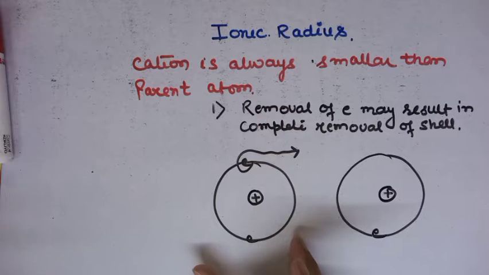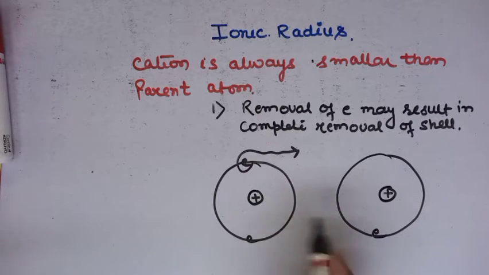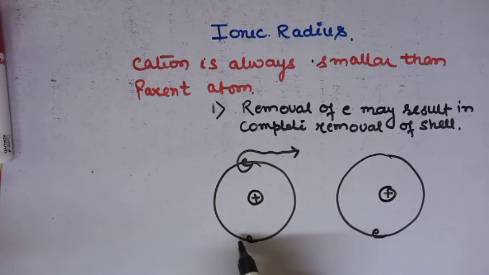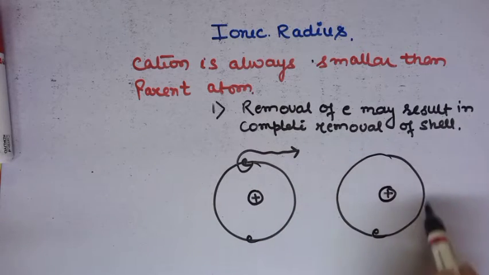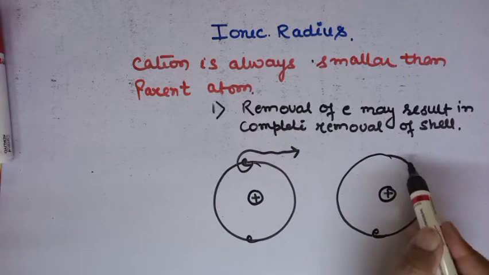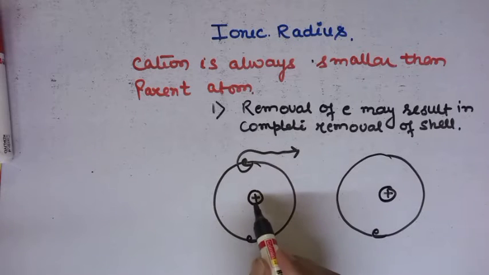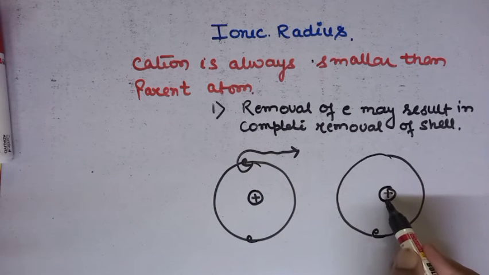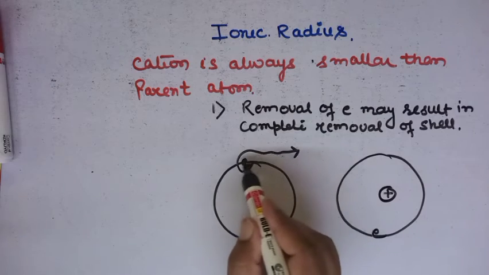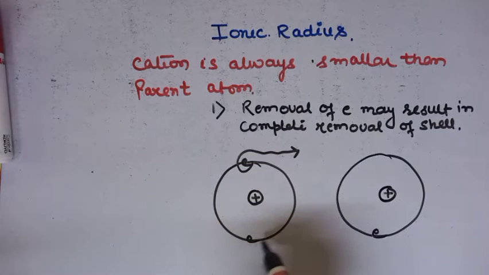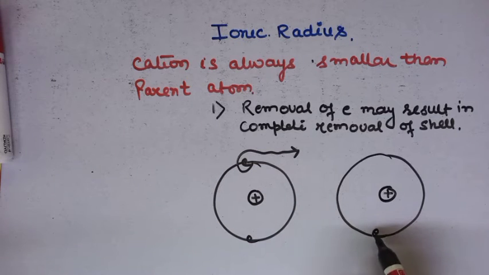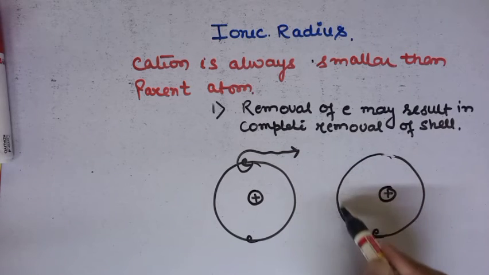And in so many cases what happens, even if here we have more than one electron in the valence shell, और अगर बच्चों इसमें से एक इलेक्ट्रॉन लूज हो भी जाए, that shell is not disappearing. But what happens, this nucleus gets strengthened. Initially we had greater number of electrons, thus the greater electronic repulsion. But now the number of electrons is decreased. Electronic repulsion is now less.